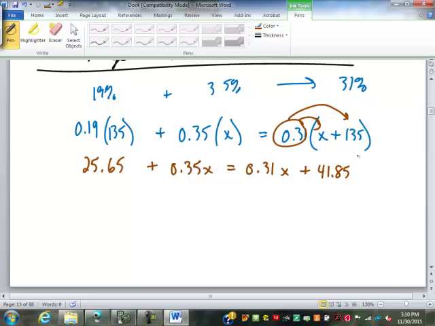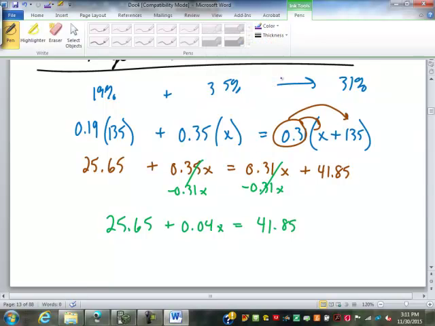Okay, so what do we do from here? We get rid of one of the x's. The smaller one is the 0.31x. So 25.65 plus, this is once again 0.04x equals 41.85.